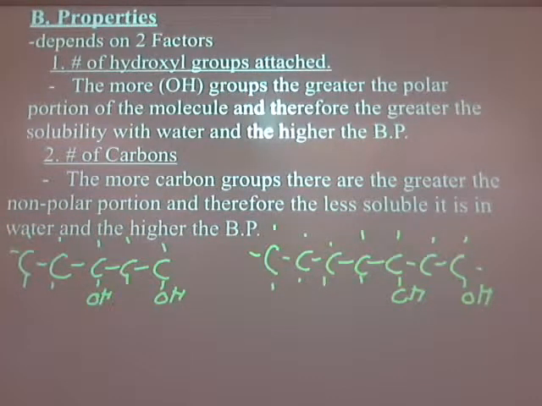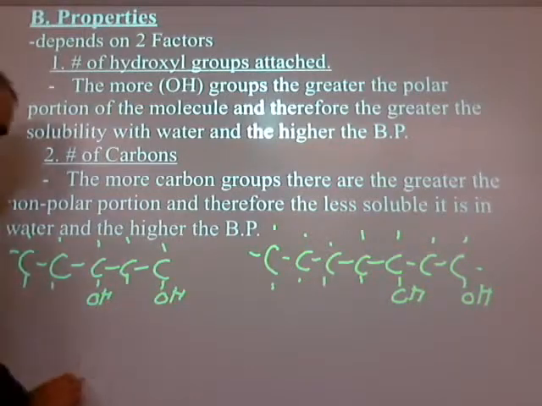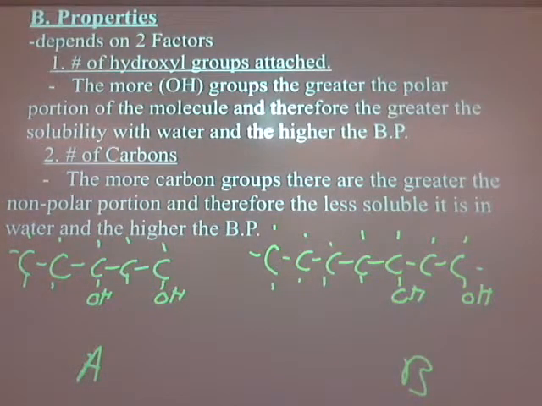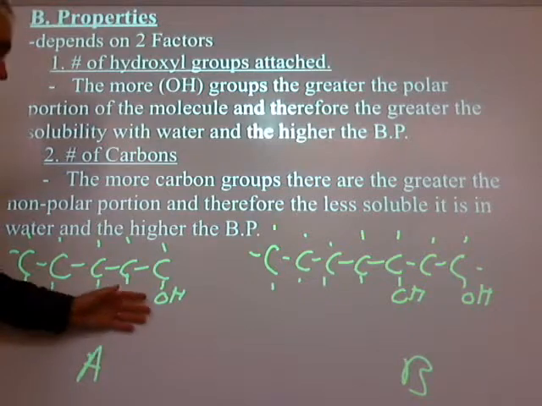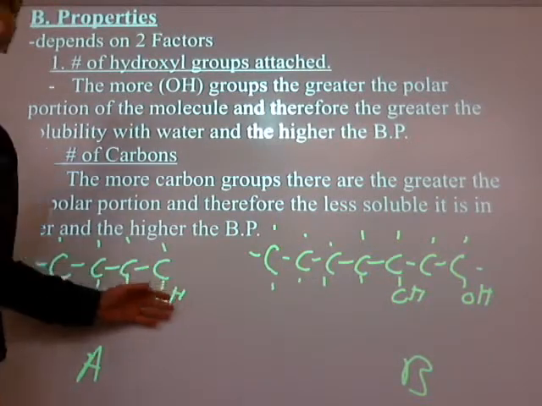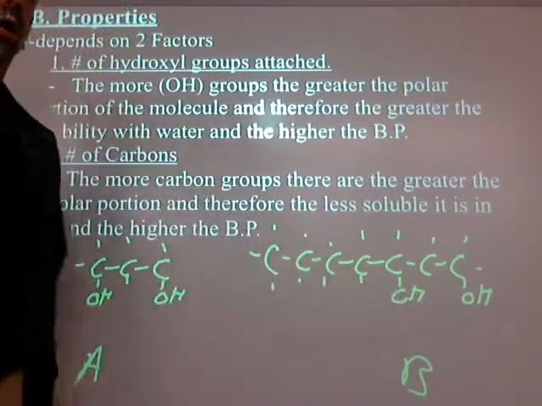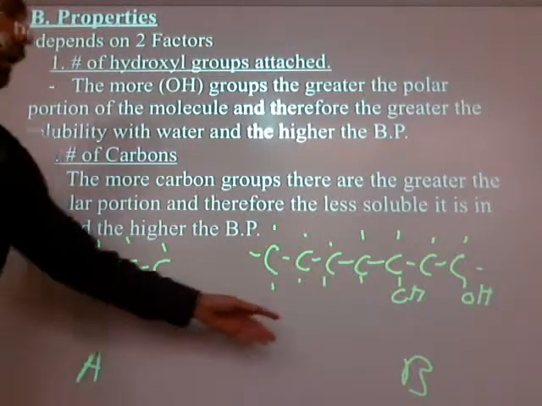Predictions. Who's more soluble in water? And we'll call this guy A, call him B. Who's more soluble in water? A. Who has the higher boiling point? B. See why? A is more soluble in water because he has, ratio-wise, more OHs per carbon than this guy has, right? All right. But boiling point wise, this guy's going to be higher.